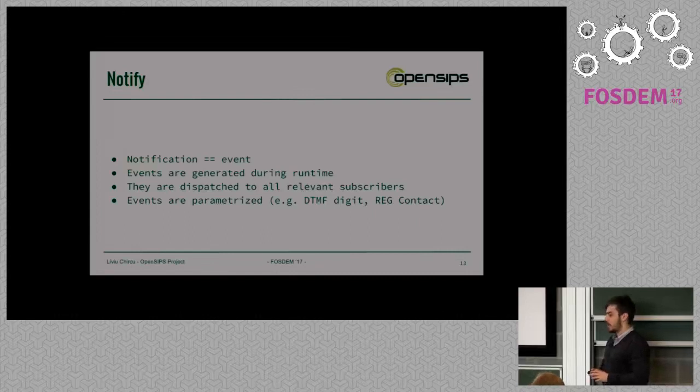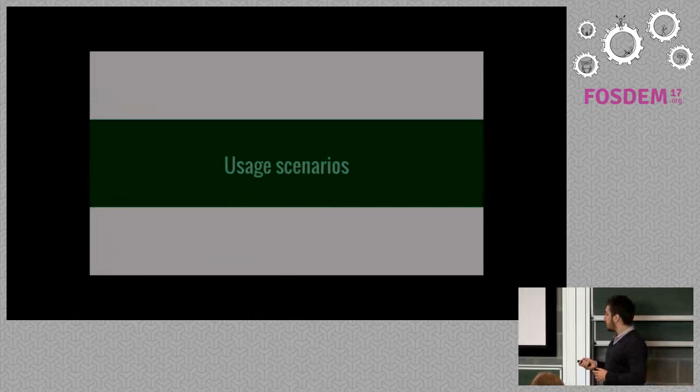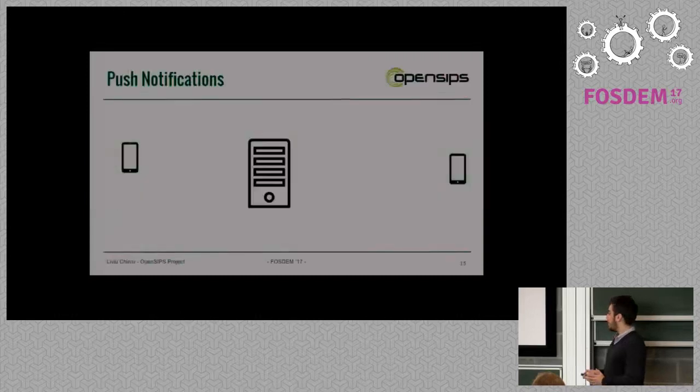It's pretty straightforward. So now that the theory is out of the way, we can go into some concrete examples and the long-awaited push notifications discussion. I'm sure most of you know what this is all about, but for those of you who don't, I'm going to quickly go through how these work and what the purpose is.